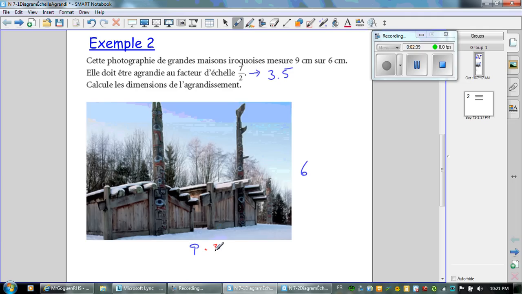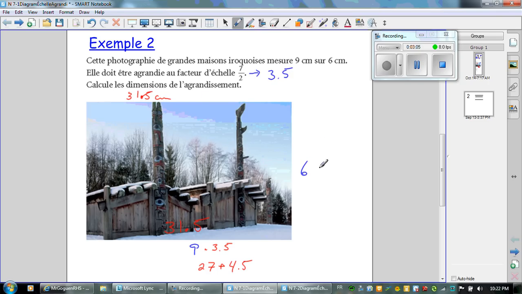So 9 times 3.5. So 9 times 3 is 27, plus half of 9, which is 4.5. So one new dimension would be 31.5 centimeters.